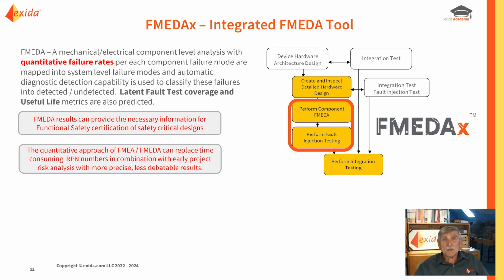Components are entered, failure modes are mapped, the component reliability database, which is probably the foundation of FMEDA, is selected, and the FMEDA is done in a relatively short period of time compared to the old spreadsheet methods we used to use.